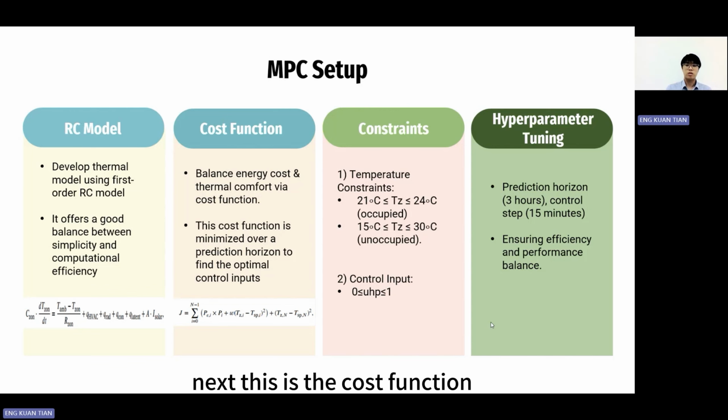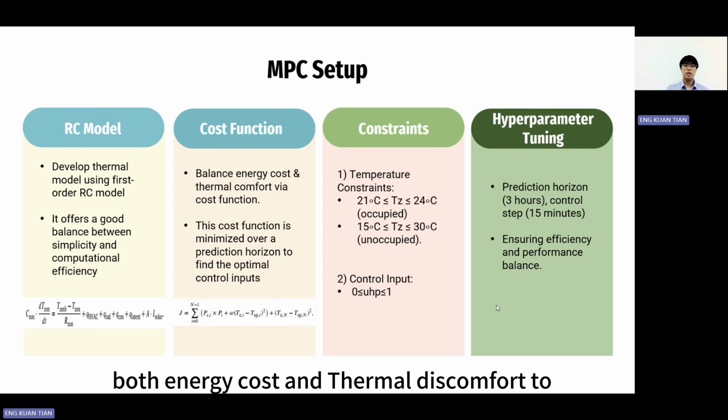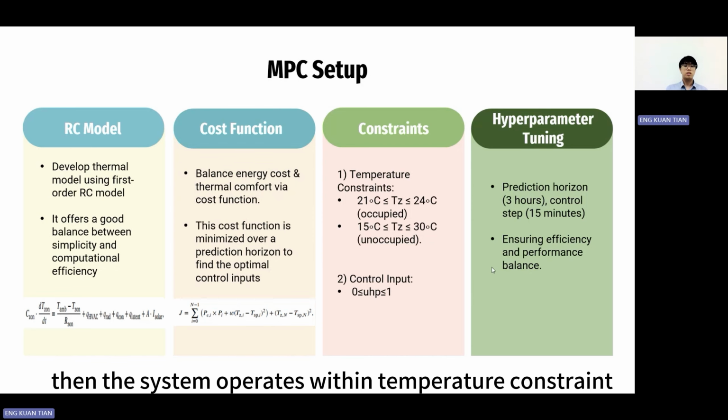Next, this is the cost function, which minimizes both energy cost and thermal discomfort to optimize system performance. This is the cost function formula, and the goal is to maintain the zone temperature near the set point while minimizing energy usage. Then the system operates within temperature constraints.